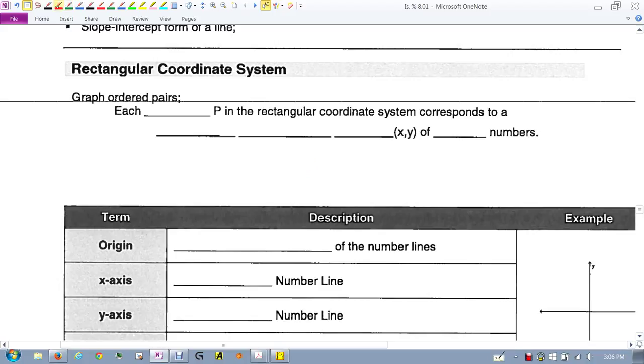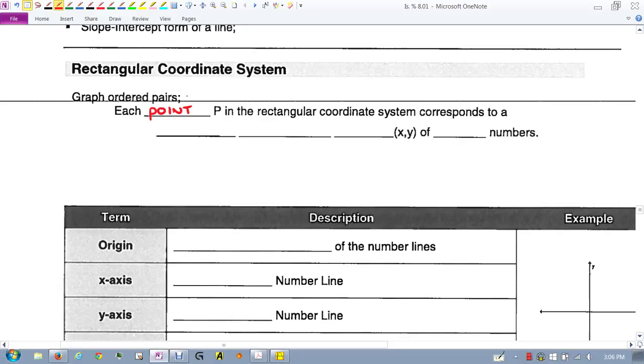Okay, I'm going to try and fill this in. Each point P in the rectangular coordinate system corresponds to a, what does it correspond to?